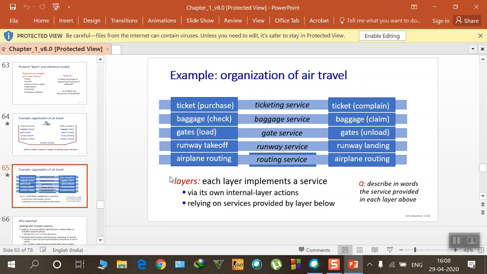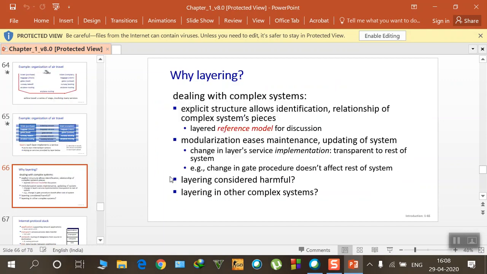So move to slide number 66. It says, why layering? Layering helps us in dealing with a complex system. You can easily identify the relationship between these models, which we call a layered reference model. Not just troubleshooting, which means finding the error, you can also easily maintain and upgrade the system.